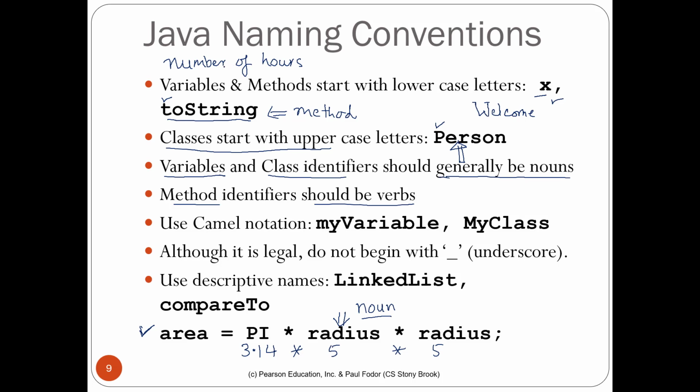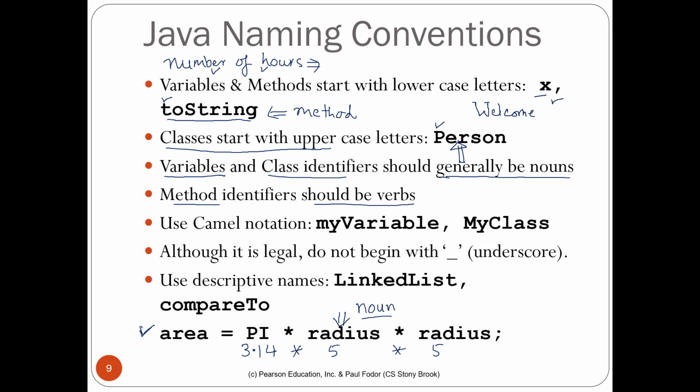So if you have to declare a variable that stores the number of hours for an employee, this is a composite, because when I create this variable, I want to keep number and hours together. So the variable that I'll come up with would be a composite variable with two words.